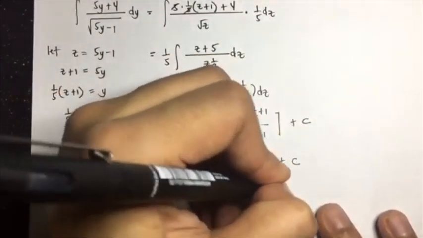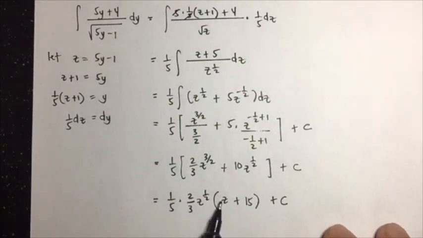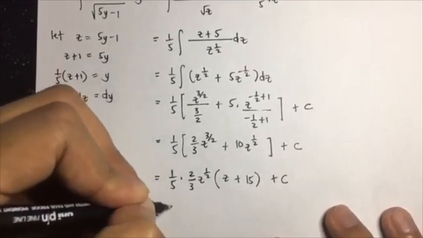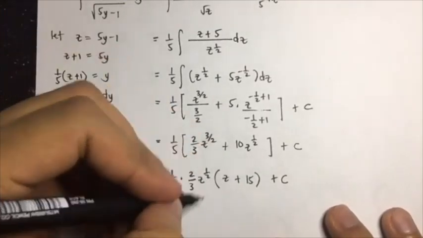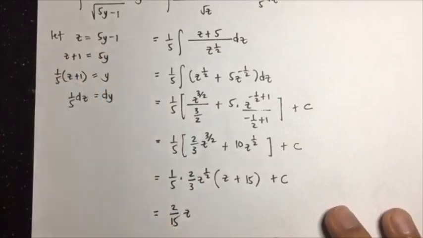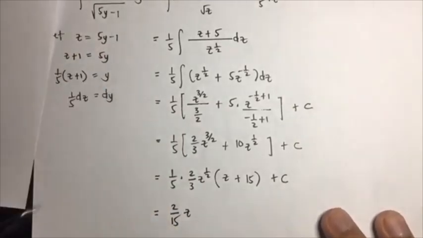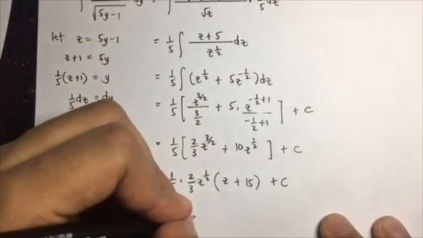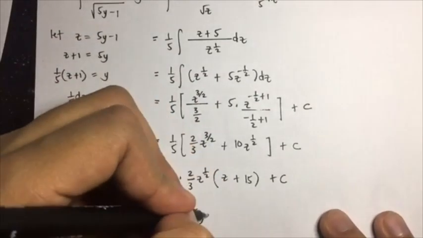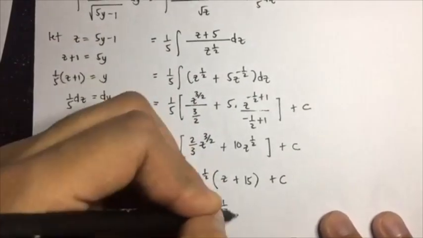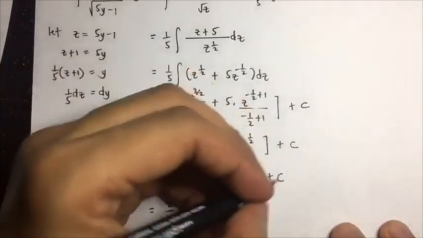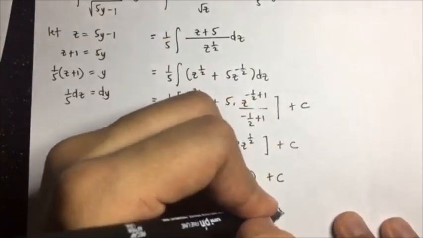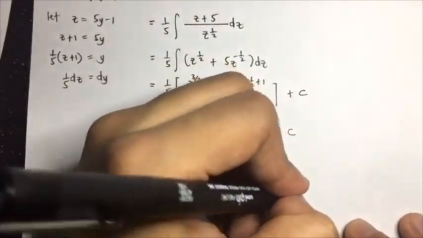Plus c. Substituting back z, multiplying, we will have 2 over 15 times z, which is 5y minus 1, raised to 1/2, and then z is 5y minus 1 still, so plus 15, plus c.